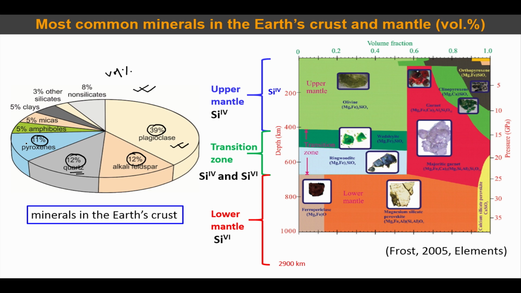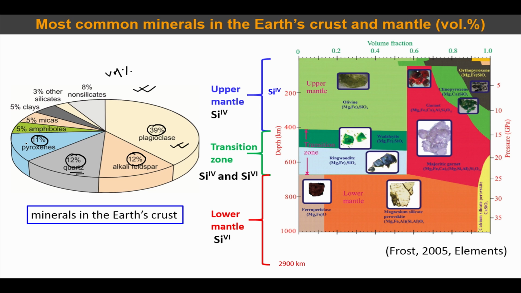Magnesium is less abundant in the crust, because of that you have a very small amount of pyroxene. So, most of the minerals in the earth crust are rich in aluminum, silicon, calcium and iron, and these minerals are quite abundant in the earth crust.